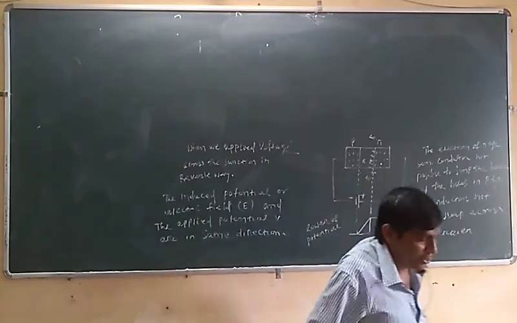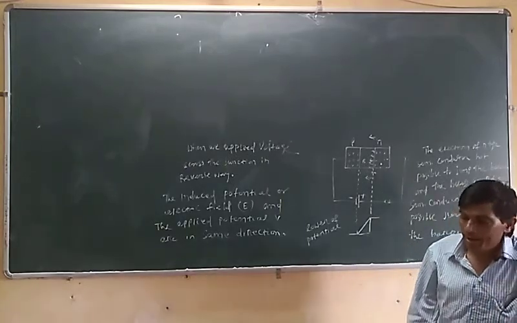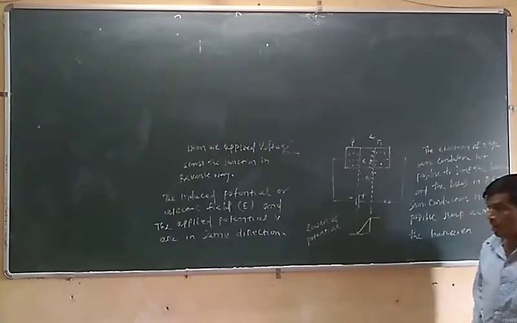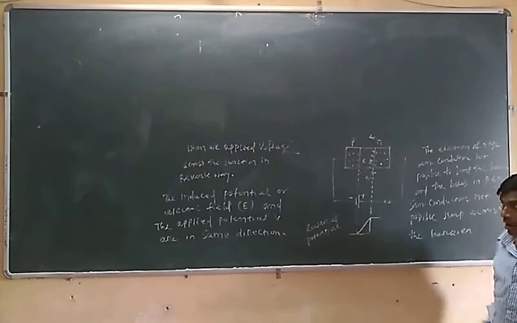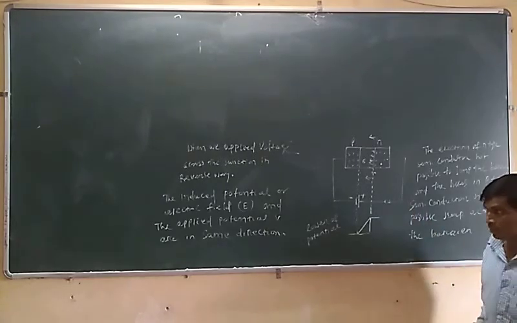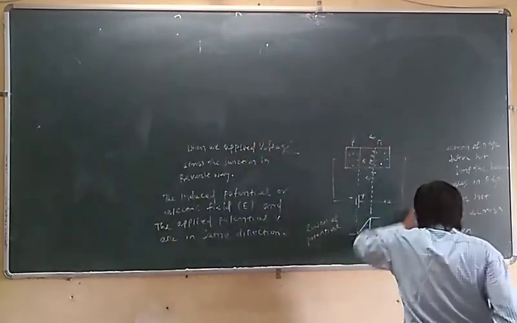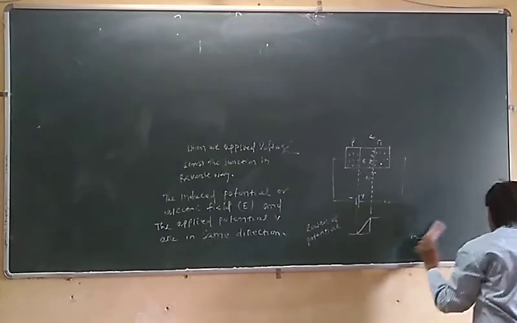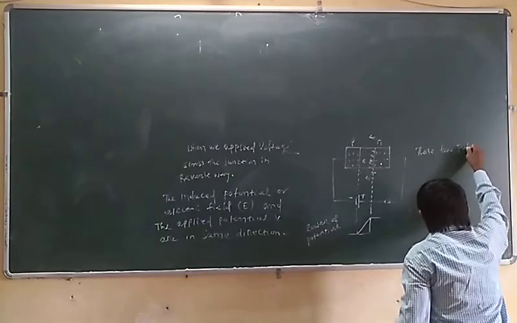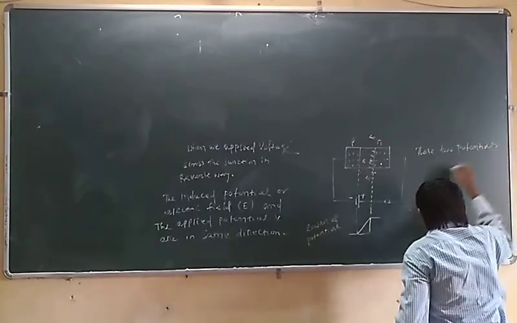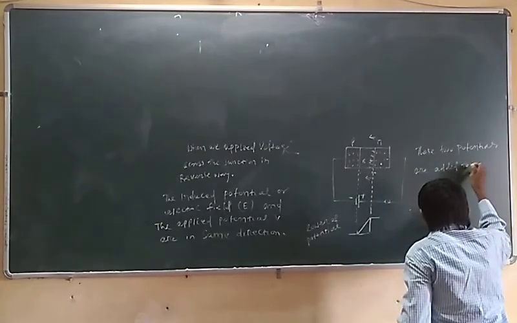So the induced potential or barrier potential and the applied potential are in the same direction, then these two potentials are added to each other, because they are in the same direction.